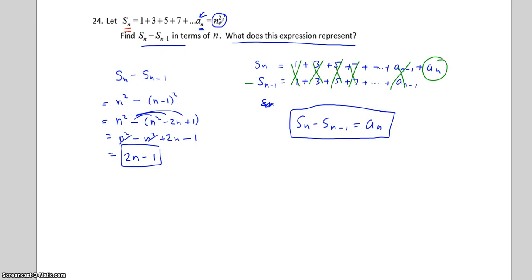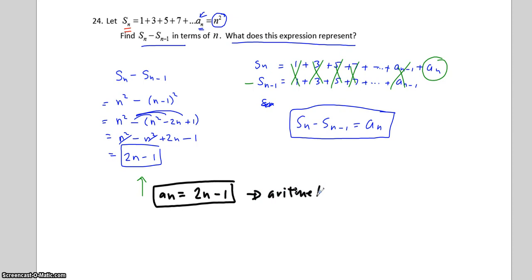So we were given a formula for the sum, and we could use it to find a formula for a sub n. If I had asked you what the nth term was, you'd say a sub n is 2n minus 1. And you could also recognize that as an arithmetic sequence, just as an FYI.